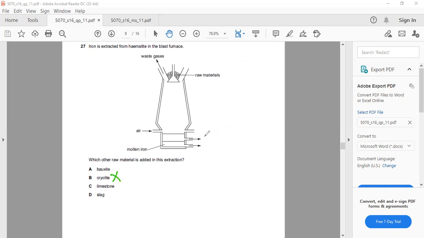Bauxite is used in aluminium. Slag is not added. Limestone is added. Hematite.